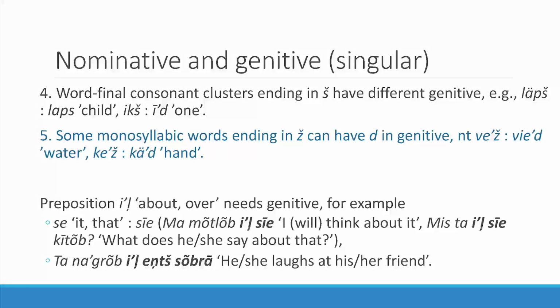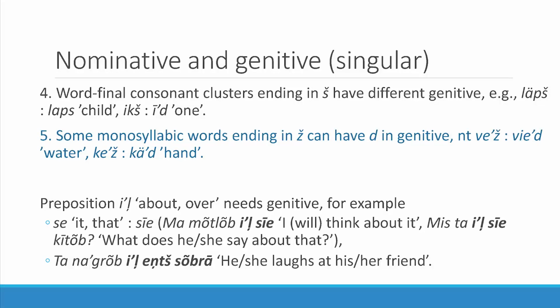And there are two more exceptions. So the words that have sha in a word final consonant cluster, these words have different genitive case. For example, the word child, in Livonian, it's lapš, but in genitive, it's laps.